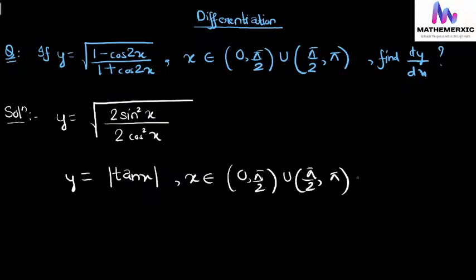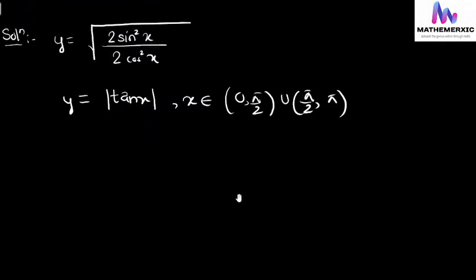So union of these two is there. Obviously it will have two values. It's very sure with us.